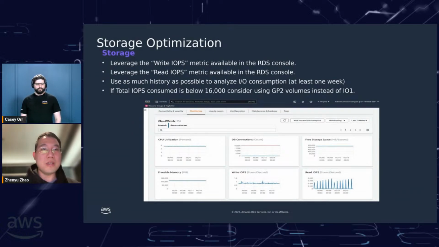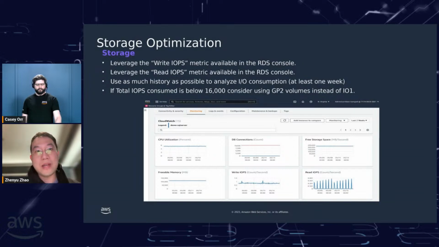And also the storage optimization is mainly around optimizing your IOPS. But how do we optimize the IOPS? There are a few techniques I will talk about in the next few slides, but the storage type will give you quite a good impact directly on your cost saving strategy.